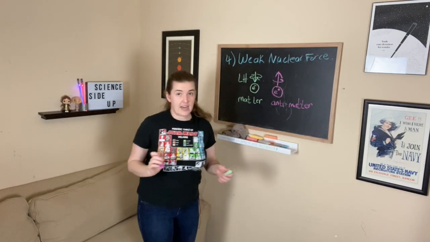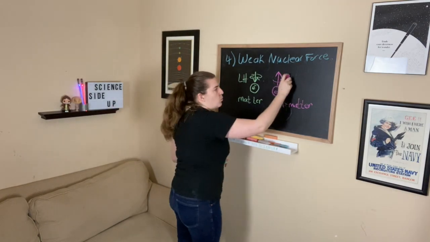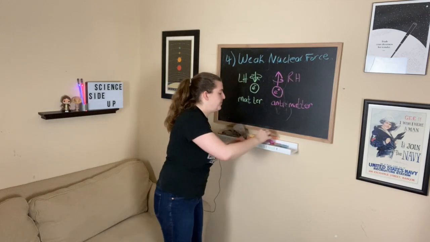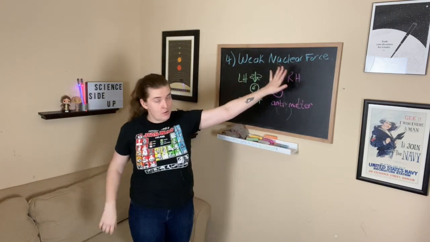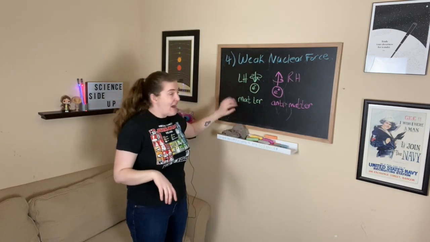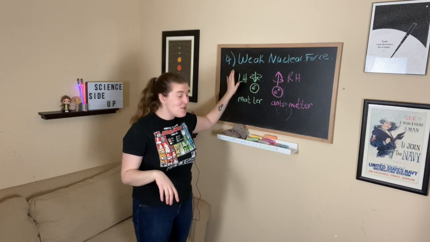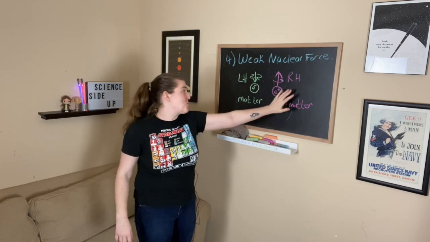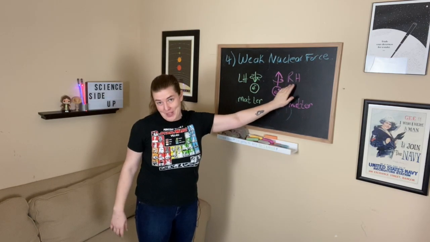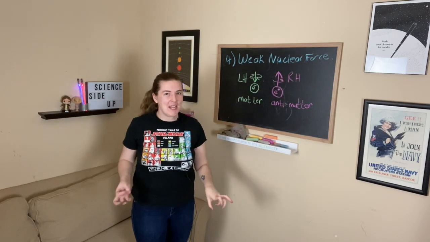If you're looking down on top of it, it's spinning counterclockwise, and that's called a right-handed spin. So the weak nuclear force can act on matter that has left-handed spin or antimatter with right-handed spin, but not any other combination of those two properties.